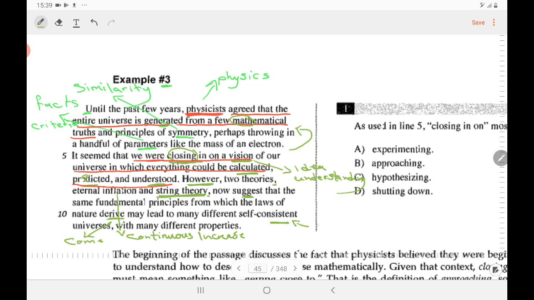Self-consistent means like harmonic. They could exist together. Universes with many different properties. A property, you can say qualities or characteristics.